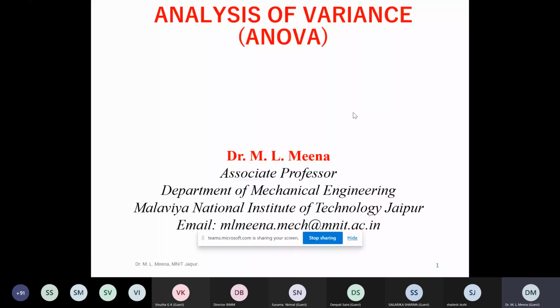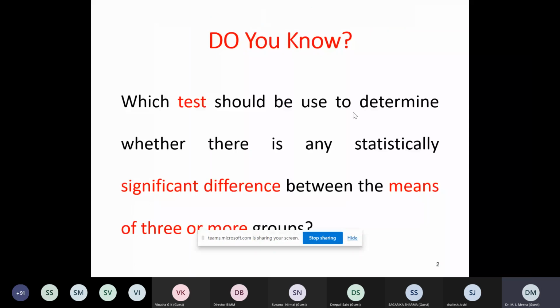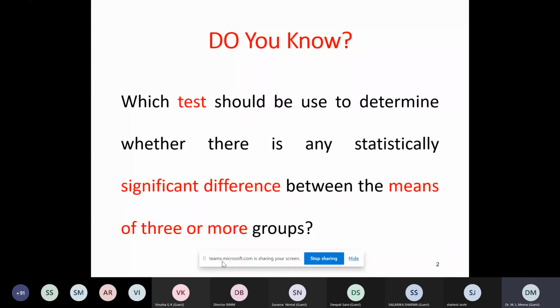So first of all, in today's lecture, these are the basic fundamentals about ANOVA. What is the procedure of ANOVA to calculate the F test value, and which methods, one-way ANOVA and two-way ANOVA.